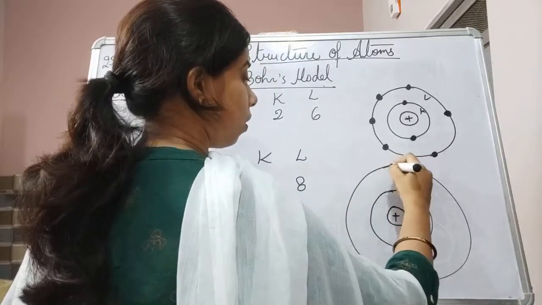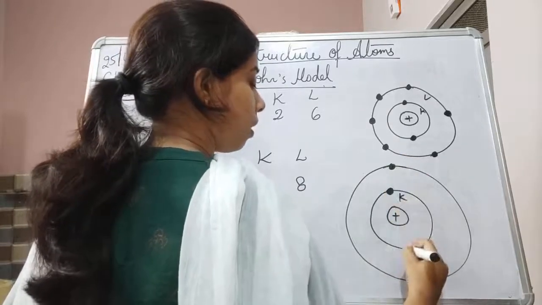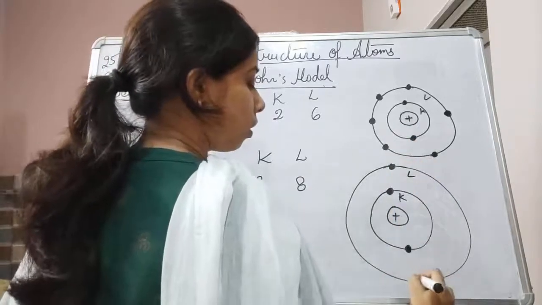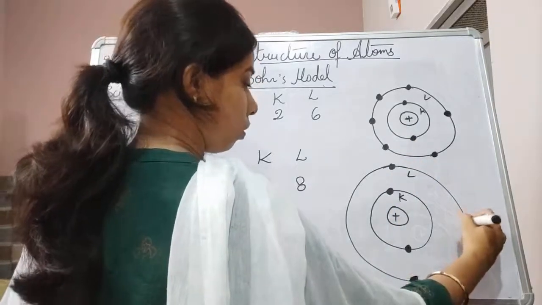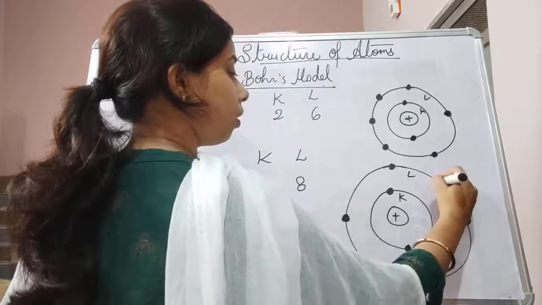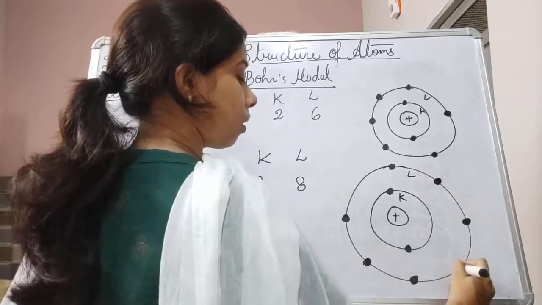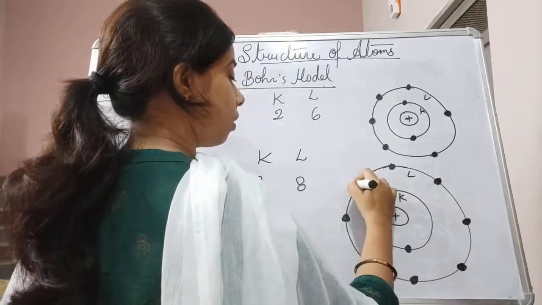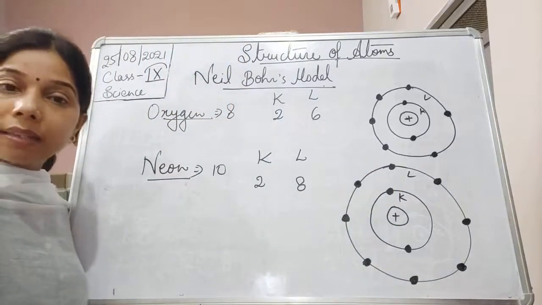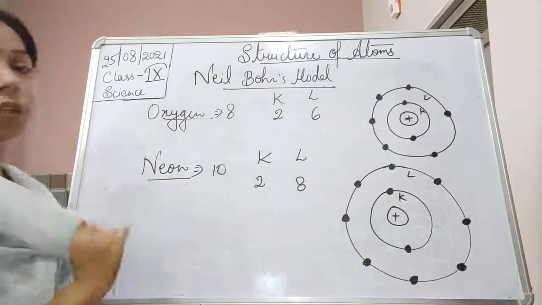The K shell is having 2 electrons, 1 and 2. The L shell is having 8 electrons: 1, 2, 3, 4, 5, 6, 7 and 8. Okay, so there are 8 electrons now. So this is up to neon.